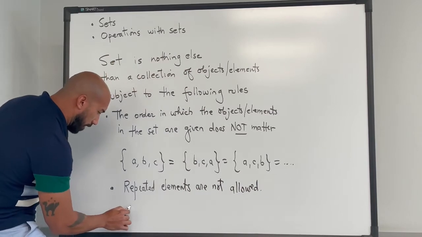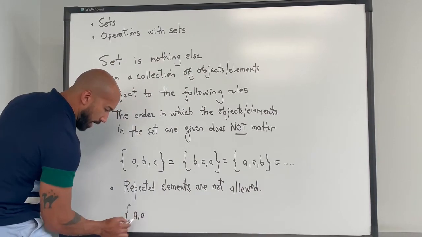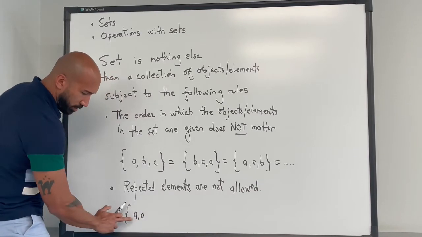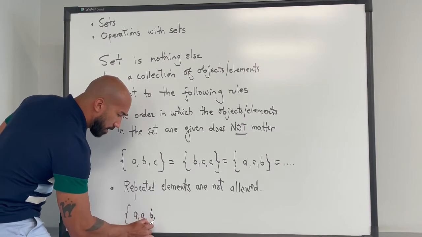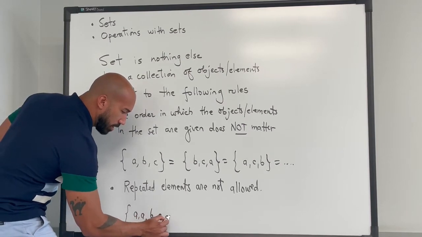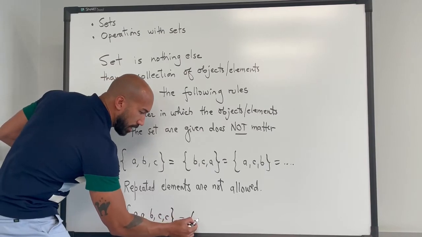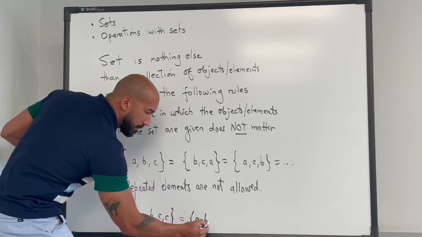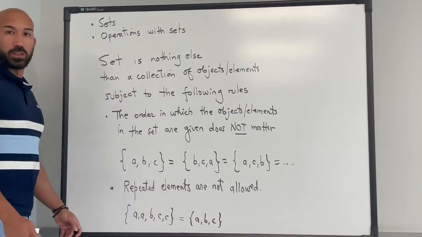Which means that if we have the set A, and we are supposing here that this is exactly the same object, B, C, C, for us this is the same as the set A, B, C. So repeated elements, we are not considering them.